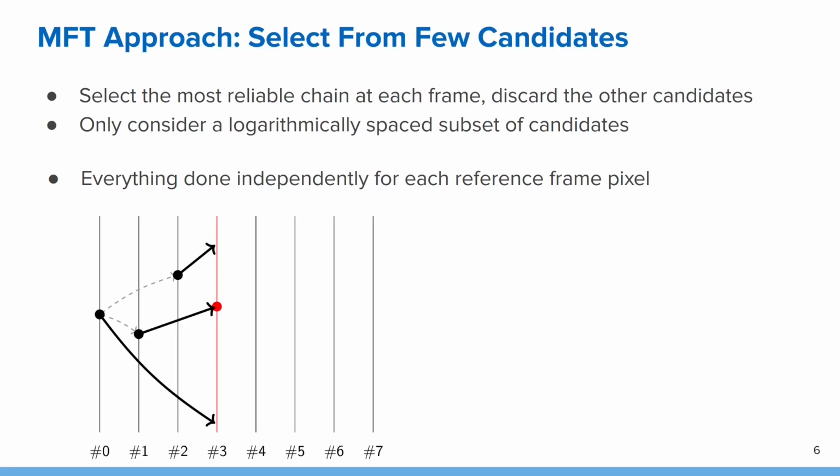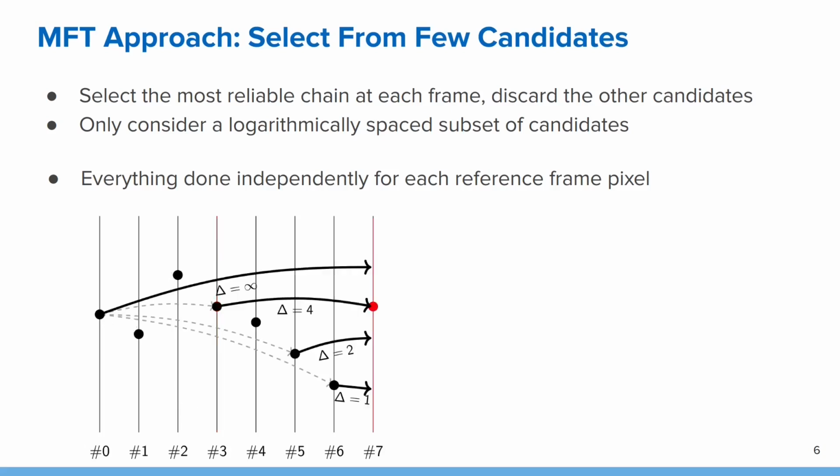This is repeated on each frame of the video. MFT only uses flows spanning 1, 2, 4, and so on frames, and the direct matching flow, denoted by delta equals infinity in the diagram. This significantly reduces the computational cost, making the MFT fast. The whole procedure is done independently for each tracked point.